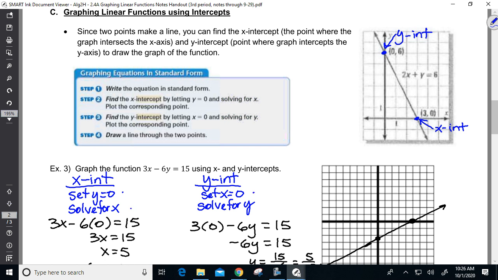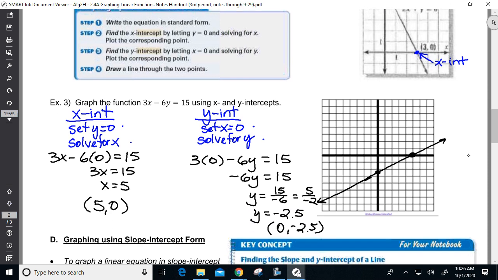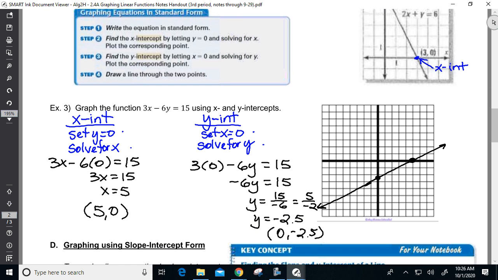Y-intercept, set x equals 0, solve for y. And those would be the only 2 points that would be on the graph. So that's a quick summation, getting us back to where we were from Tuesday.